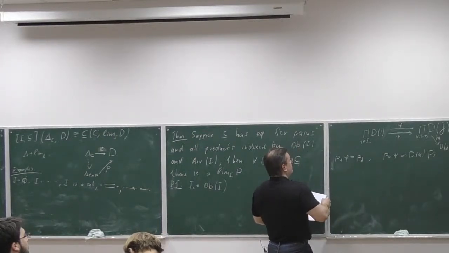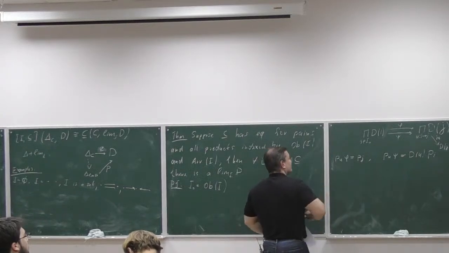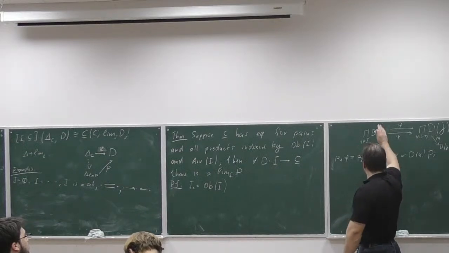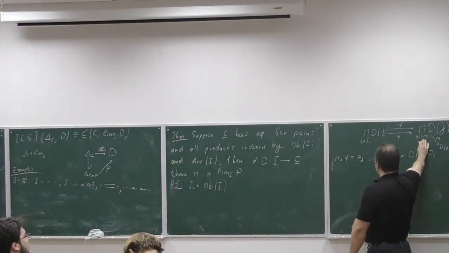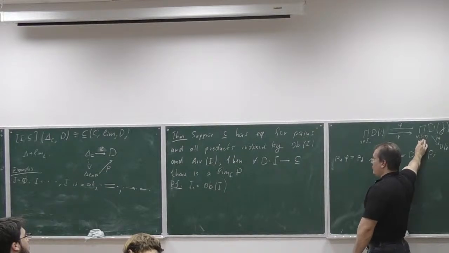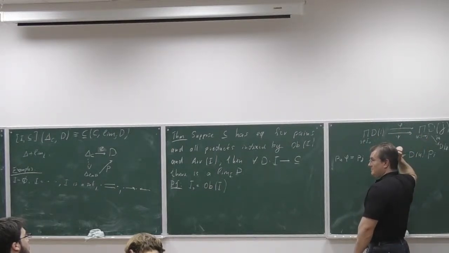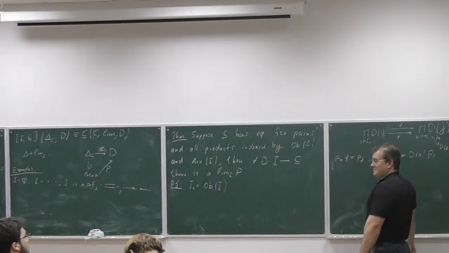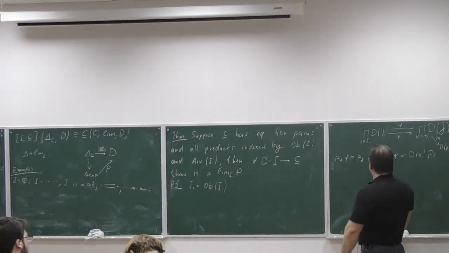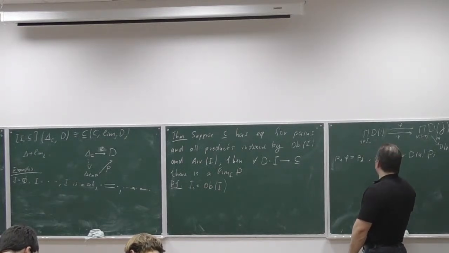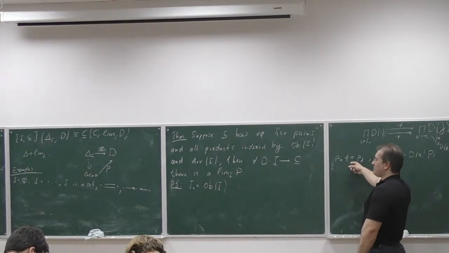Now, yeah, this is product over all objects, and this is product over all maps, or all arrows. And we know that there is an existence for both products. No, it exists because I gave you components.